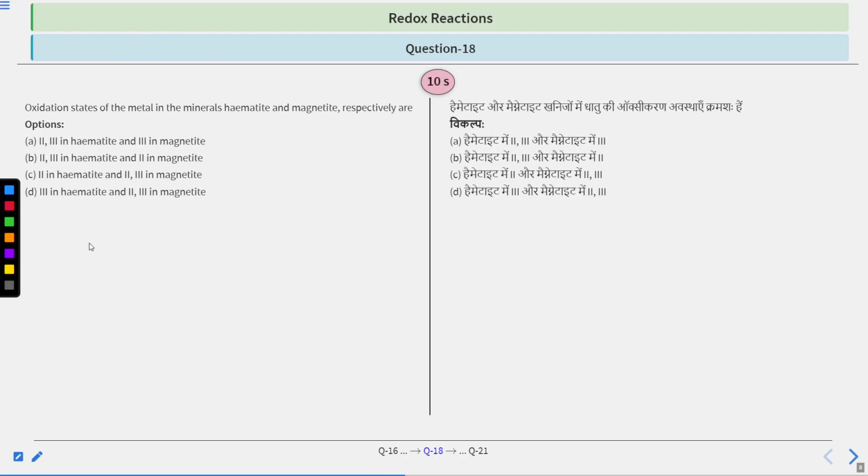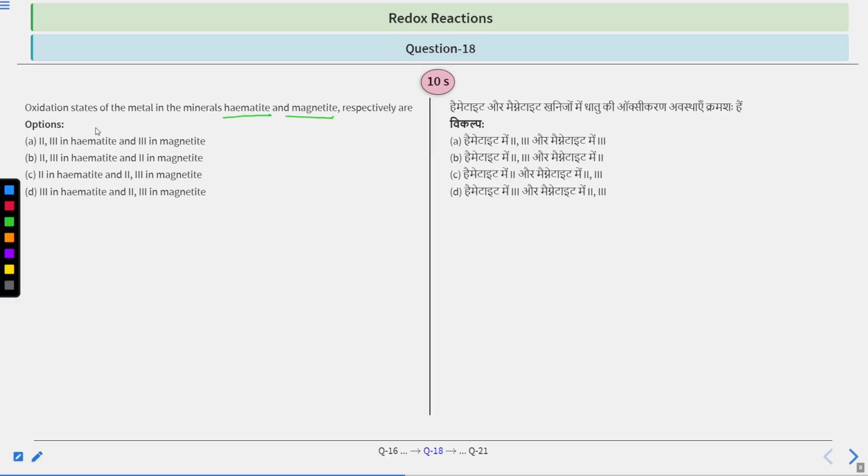Let's move to the next question, question number 18. Oxidation states of metal in the minerals hematite and magnetite respectively are. Hematite and magnetite are iron compounds.